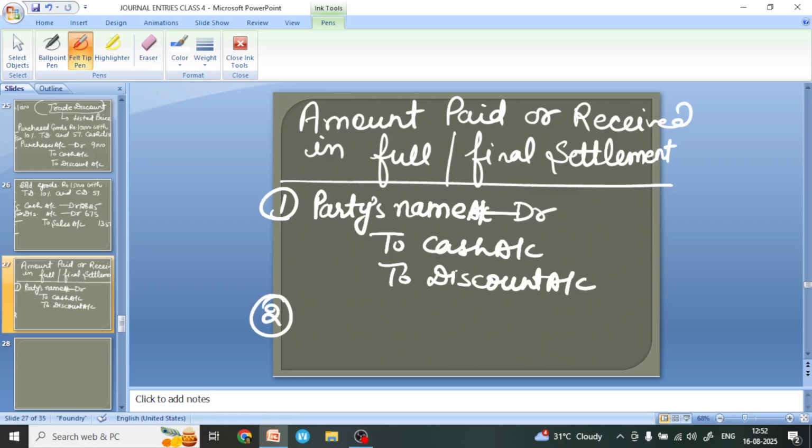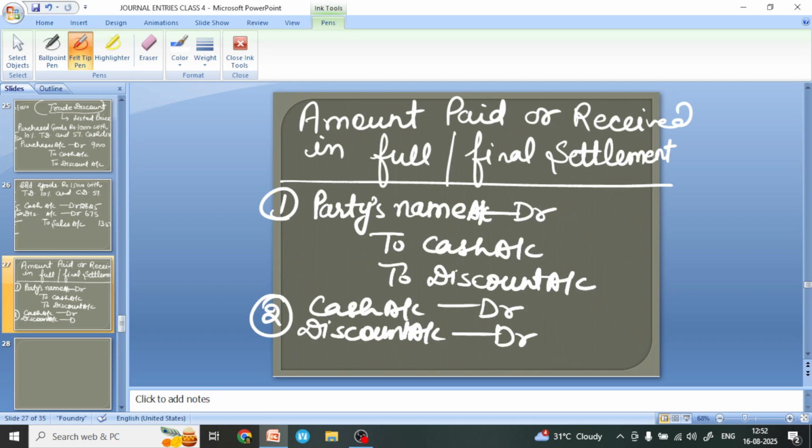And the second entry will be related to cash received. Cash account debit, discount account debit to the party's name who pays you money.